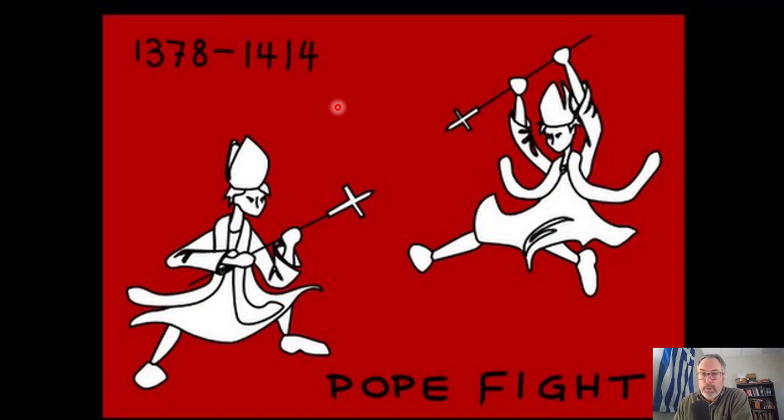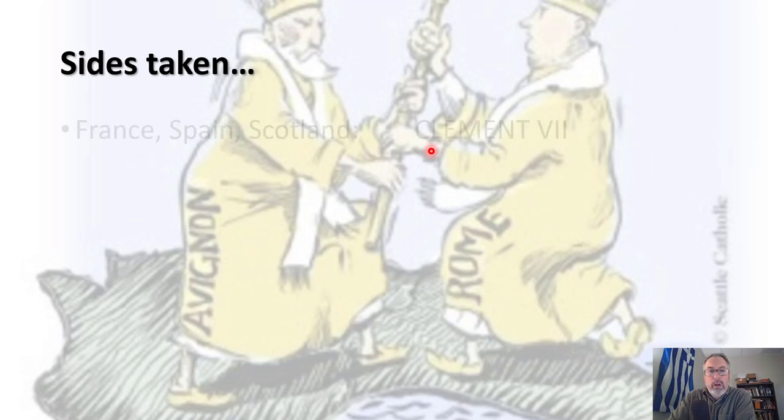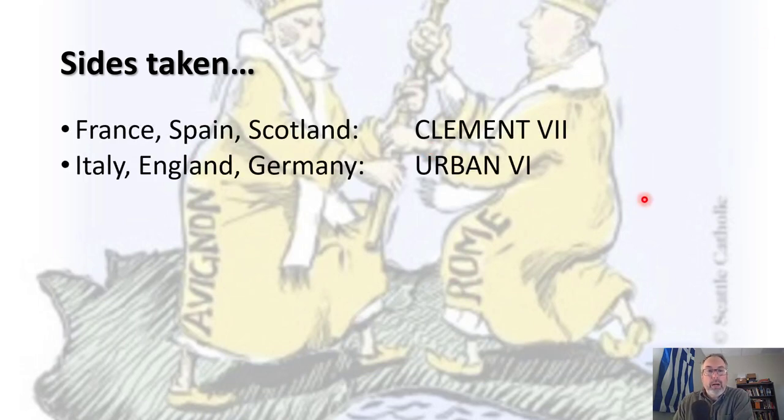And like I said, it's not just a spiritual thing. It's not just a religion thing. By taking sides, you're deciding what your political allegiances are as well. All right, so this is more or less how it breaks down. France, Spain, and Scotland side with Clement the Seventh in Avignon. Italy, England, and Germany side with Urban the Sixth, and you can start to see the bubblings of war and conflict along these lines making themselves known.